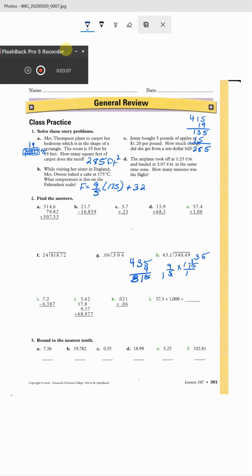And then we're going to add the 32. $347. Let me check my lesson here and make sure I got that right for you. Yes. So it's 347 degrees Fahrenheit. All right.